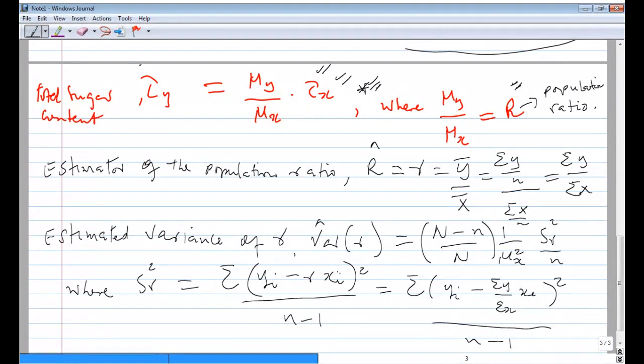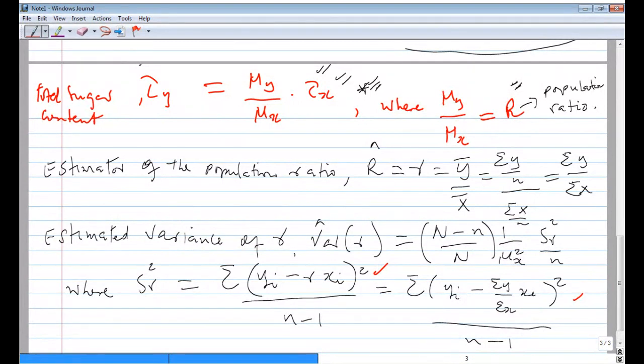So in other words, for the first one, you use it if you have got the estimated population ratio. And this one, you can use it if it's not given, but you have the summation of y and summation of x. So you can use it that way.